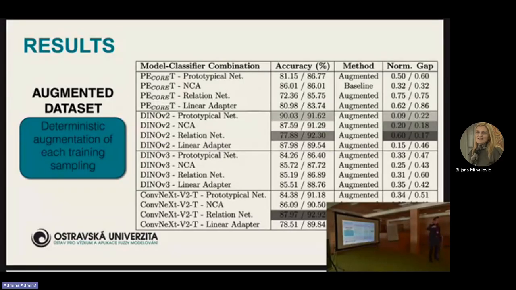And these things are deterministic. It's not your usual training augmentations that are random. That means we have expanded the data set 9 times. So from 40, we got to 400, which led to improvement across the board, except for this, I would say, outlier. And this brings us to the final ranking, where the best performing combination appears to be Dino with NCCA, or in general, Dino appears to be working really well.